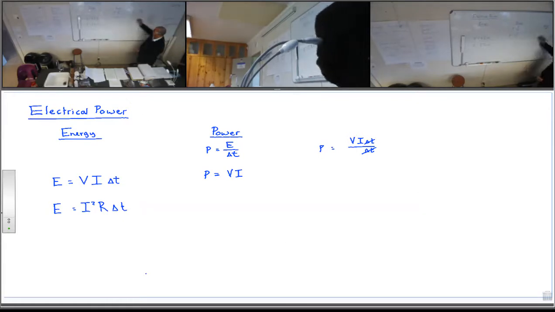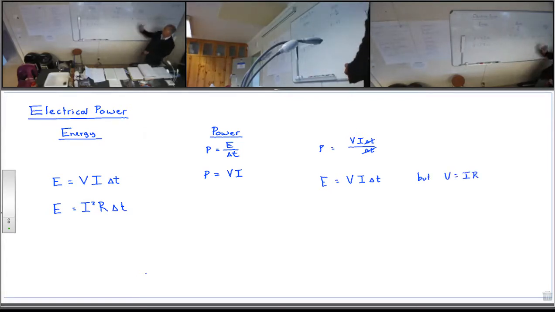Remember that energy equals VI delta T. But V equals IR. You agree? So if I replace that V with IR, I'm going to get IR times I delta T. Would you agree?